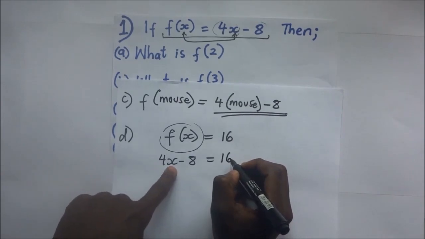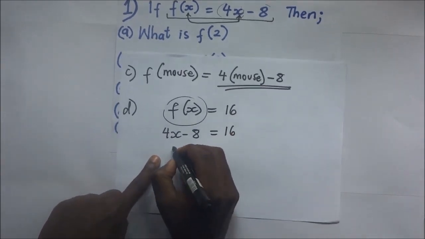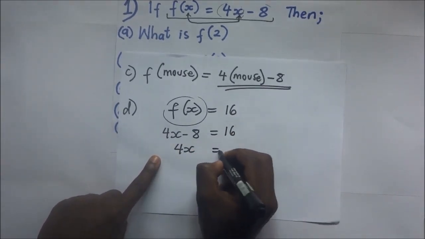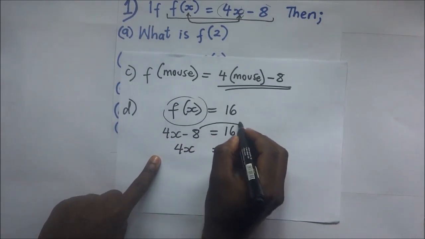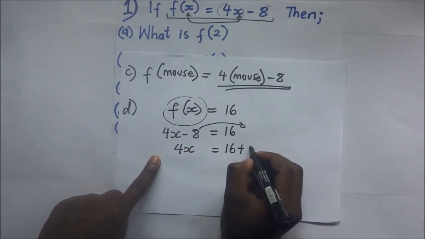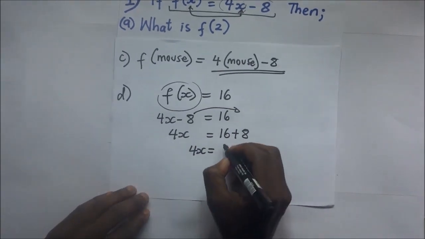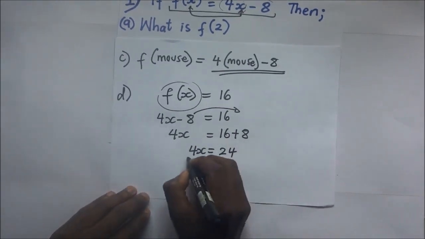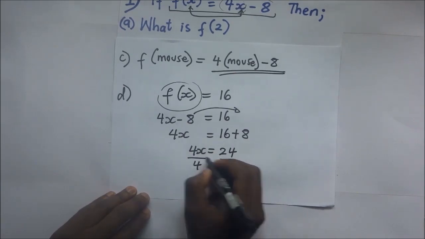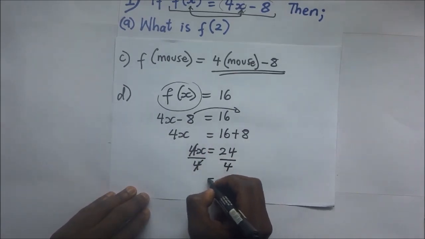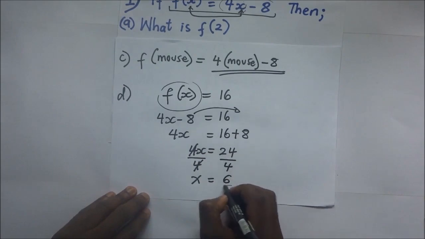You can go ahead and find the value of x. 4x is going to be equal to 16 plus 8, the 8 comes to this side. So we have 4x giving us 24. When we divide both sides by 4, we end up with our value of x as 6.